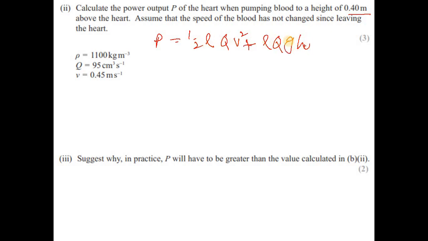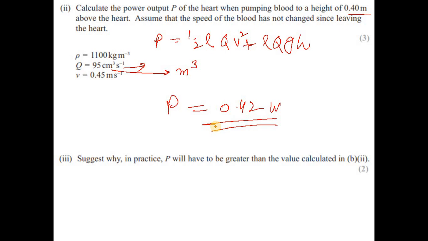So everything is given. Just replace the value. The only point you need to take care of is this Q. Q is given in centimeter cube per second, so you need to convert this centimeter cube into meter cube and then plug in the value. If you do that, then the power output would be around 0.42 watt. Just try it and see if you get this answer.